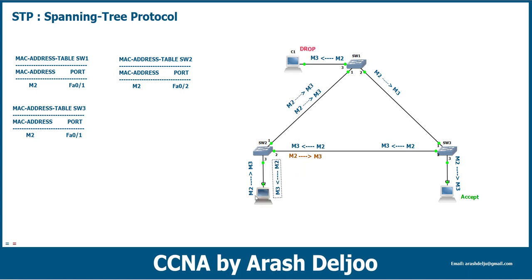This means that when you are advertising a frame, you will receive the same frame, and this is not normal. Why? Because when we are sending a frame, we expect this frame to be received by the destination, not again by us. Because of this we have a problem. Let me write here, this is not correct, and this is one of the problems.